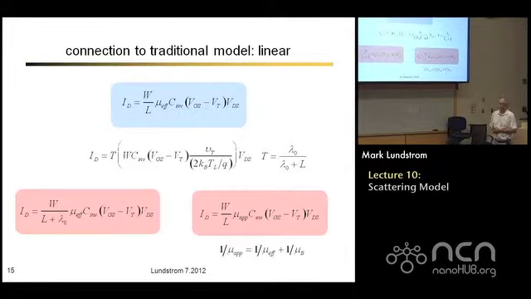So you could write it that way. Or you could write it another way, just rearrange the algebra a little differently. You could write it this way, just like the traditional expression, but instead of the actual mobility, we'll have an apparent mobility. It just comes from rearranging that equation. And that apparent mobility is defined by 1 over the apparent mobility is 1 over the effective mobility plus 1 over the ballistic mobility that we saw earlier.